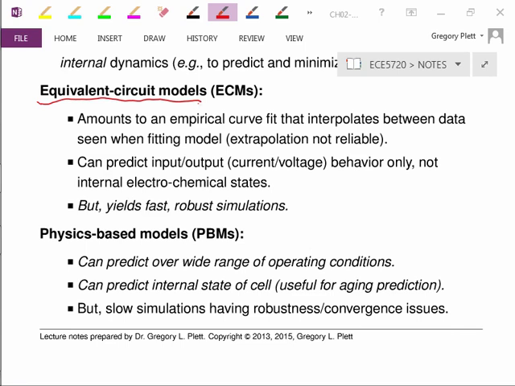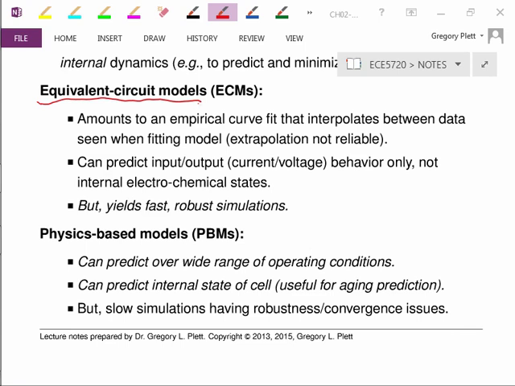It's just we don't know how reliable it's going to be. We can predict input-output behaviors of the battery cells well, because that's the kind of data that we collected. But the data we collected when performing the curve fit did not include internal electrochemical states, so we have no ability to predict that at all.